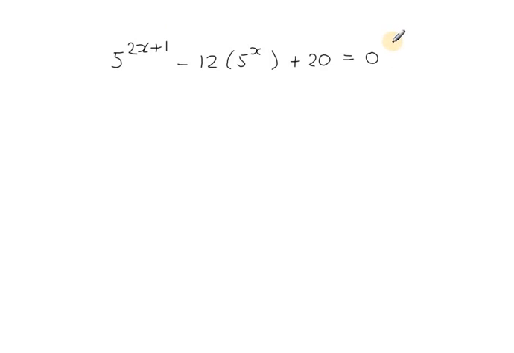Now this is a modified version of the previous problem. I've changed this part to 2x plus 1. So now if I take my middle term, 5 to the power of x, and if I square this term, I'll get 5 to the power of 2x, which is not the same as this. So at the moment this is not in the form of a disguised quadratic.